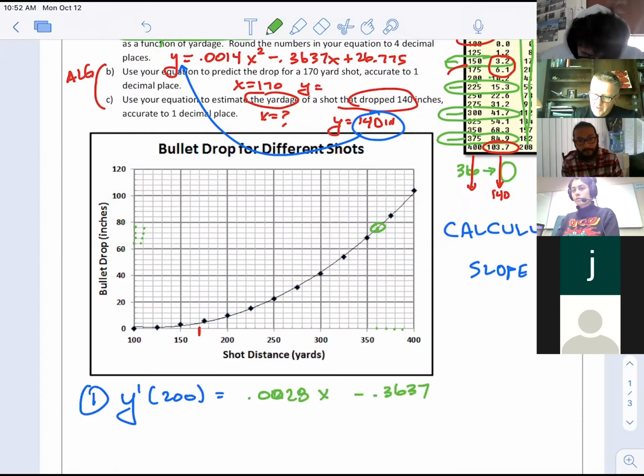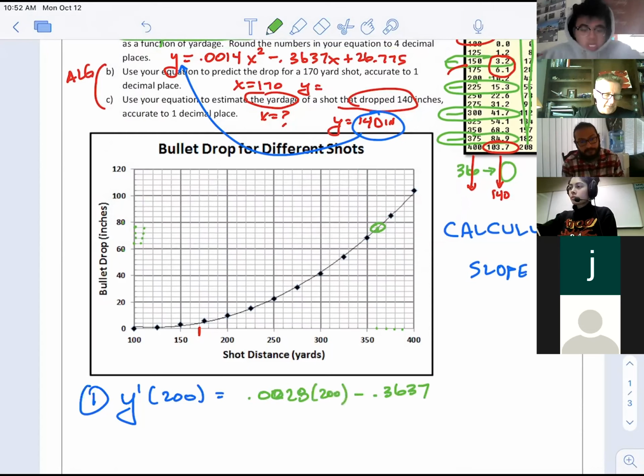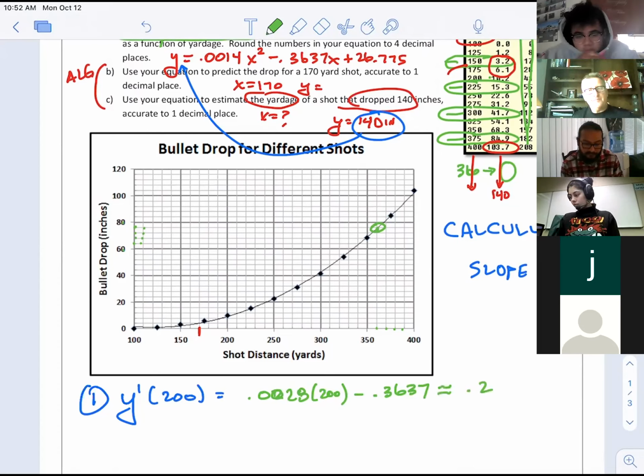But then I'm analyzing this when x is 200. So, okay, got my calculator out, 0.0028 times 200 minus 0.3637. Double check that I typed it in right. I got like 0.196. I'm just going to round that off to 0.2.